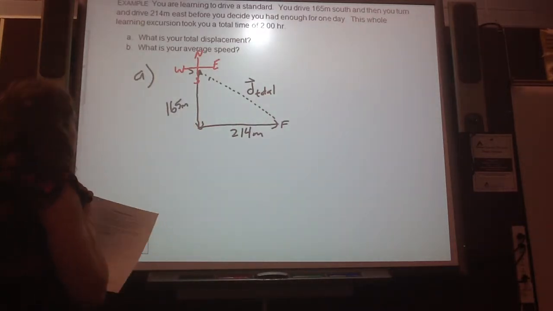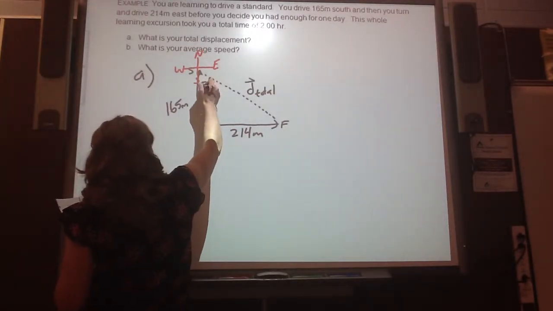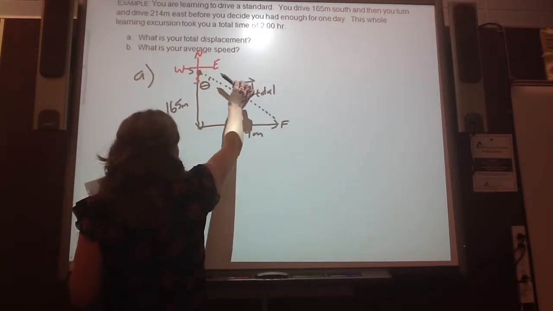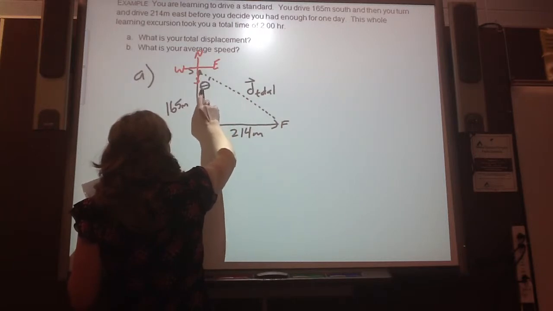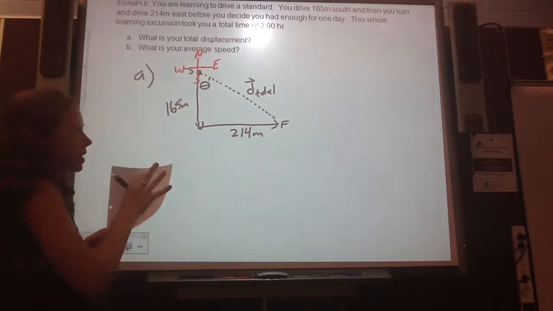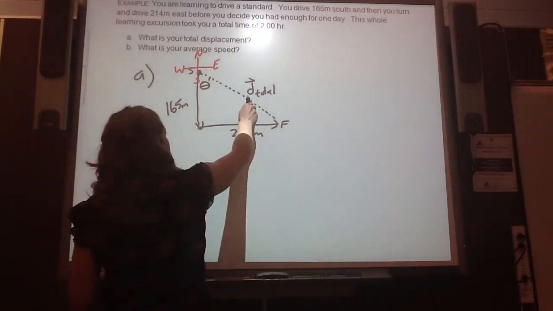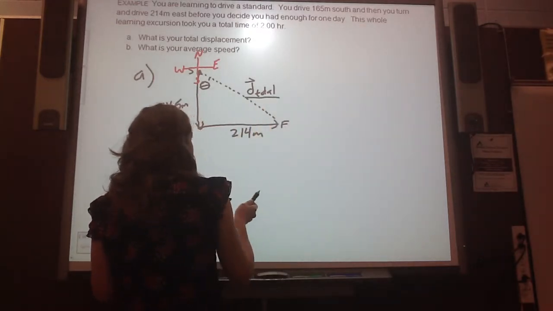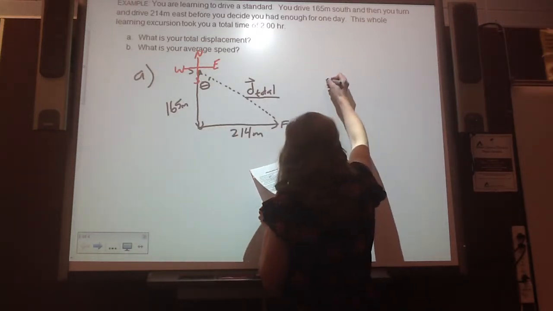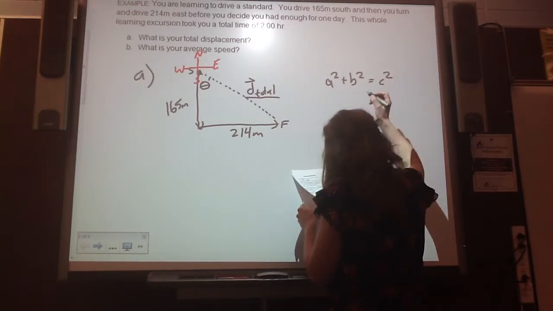Also I can say that this is my theta, because when I give my answer for this displacement, I need to give it in reference to the angle. That's its direction. I need to specify the direction because it is a vector. So to find out my actual magnitude of this vector, I can just use Pythagorean's theorem because I know my two sides. So a squared plus b squared is equal to c squared.